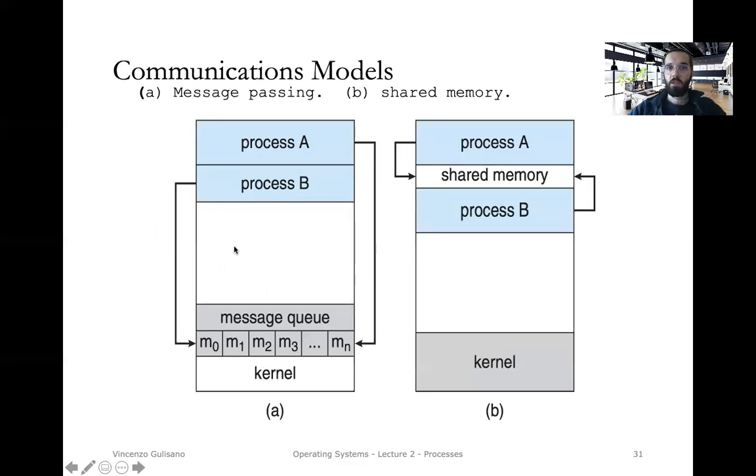When you exchange messages, you basically rely on the operating system to maintain the communication channel, okay? While when you rely on shared memory, you take care of the communication yourself in between the processes without involving the operating system.